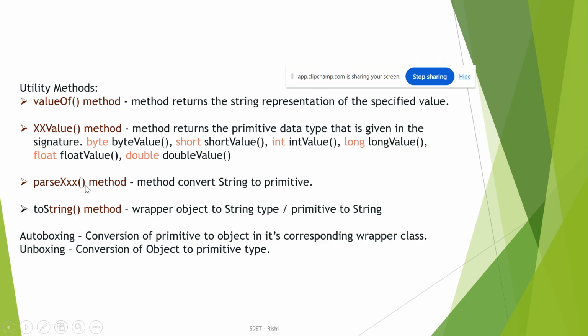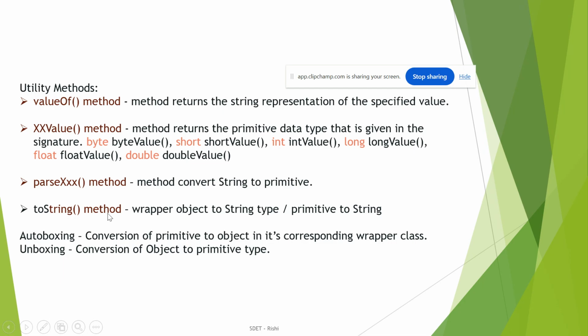And parse, like parseDouble, parseInt, whatever it is. If we want to convert a string to a primitive, we use the parse method. And if we want to convert a wrapper object to a string type, or a primitive to a string, we can use the toString method.